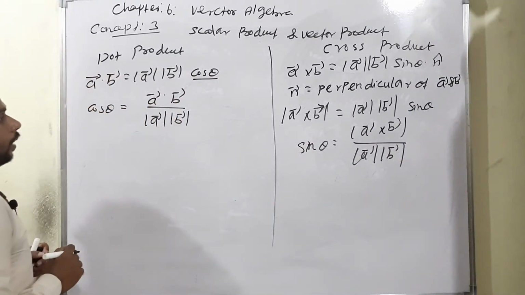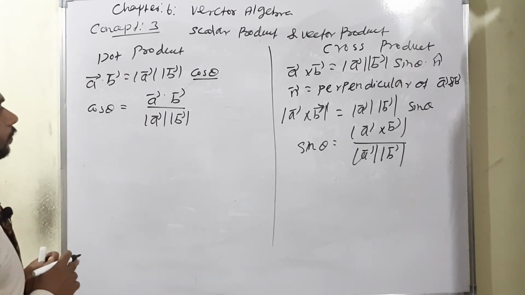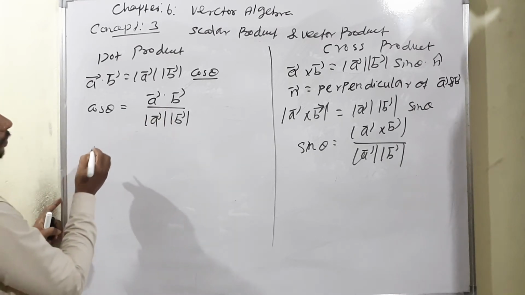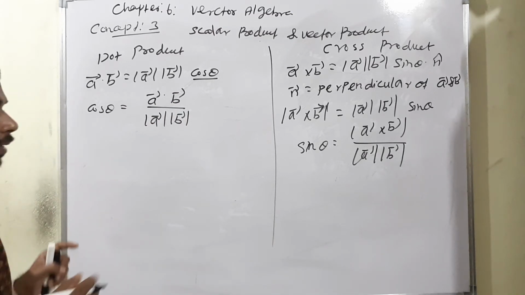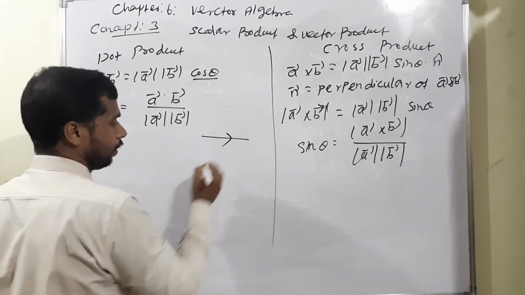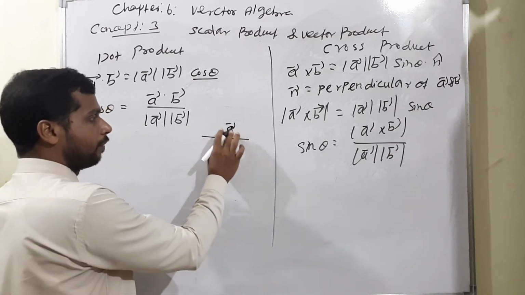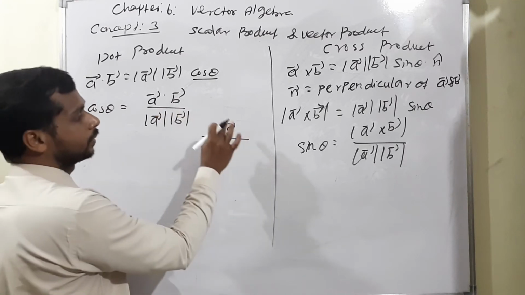Then another important point. Instead of b, we take the a term also, so a vector with a vector, the difference between them.